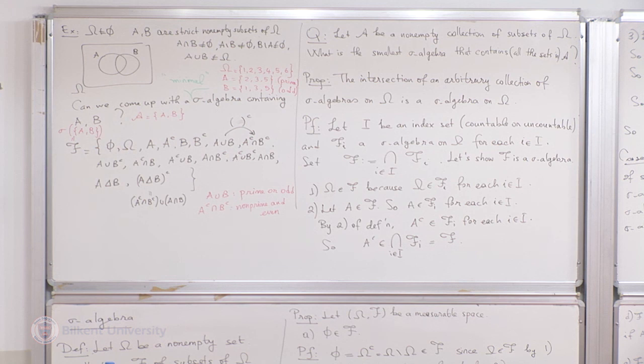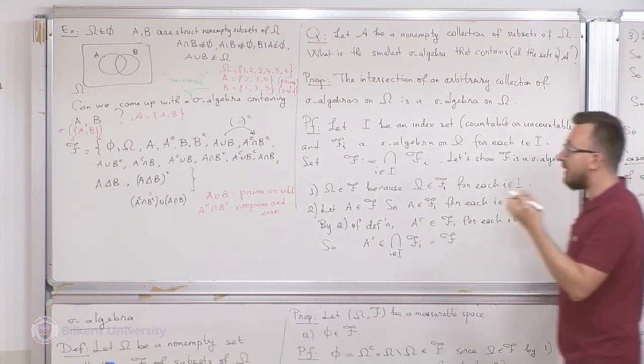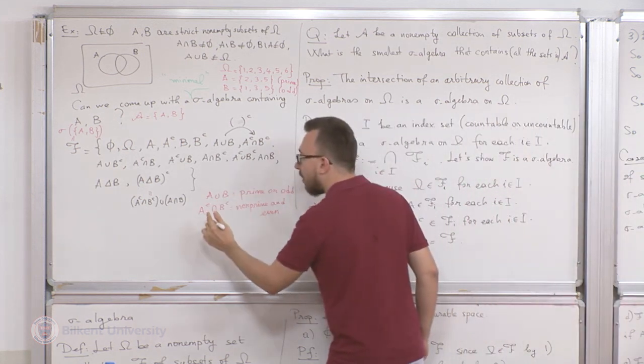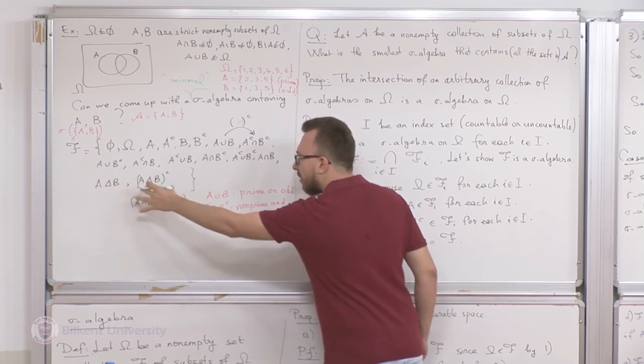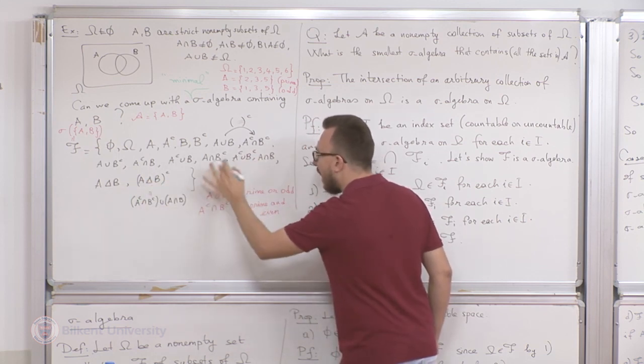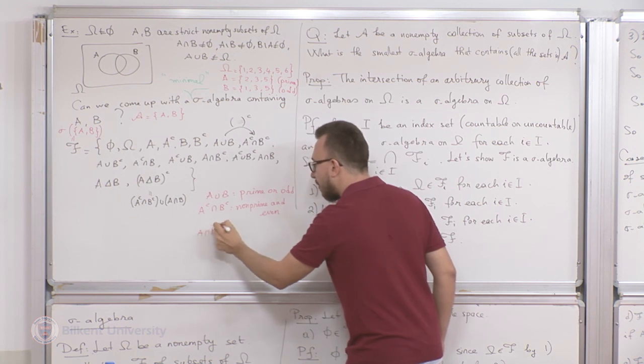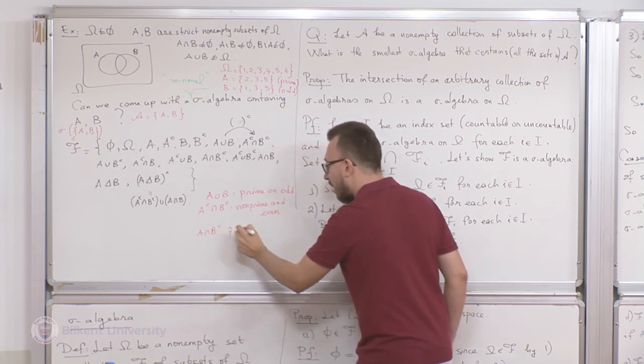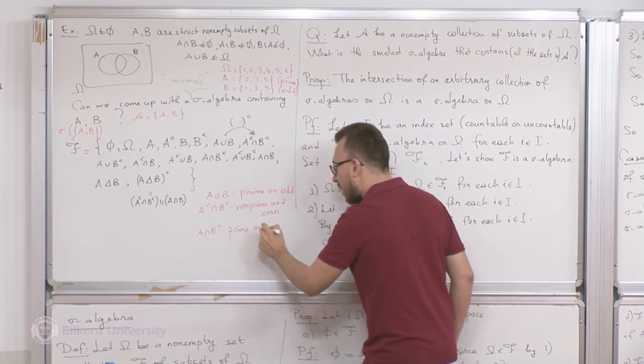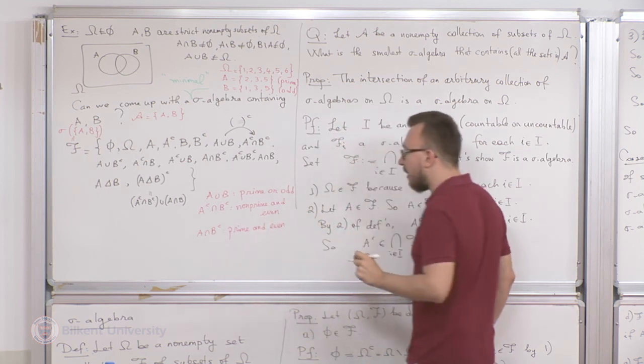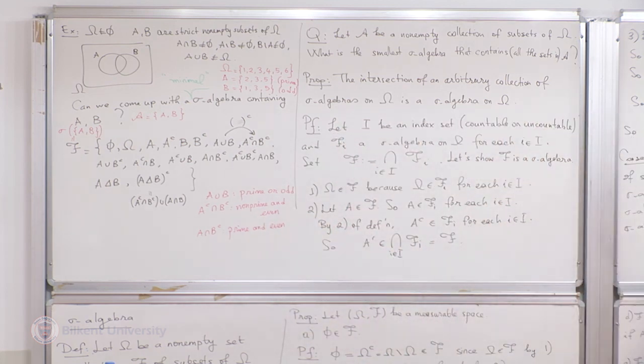Because you generate this information starting with the data. That's the power of generated sigma algebras. Let's do one more thing. Well, these are just too much. Let's do maybe A and A intersection B complement. So prime and even. You know if it's prime. You know if it's odd. So you also know if it's prime and even or not.